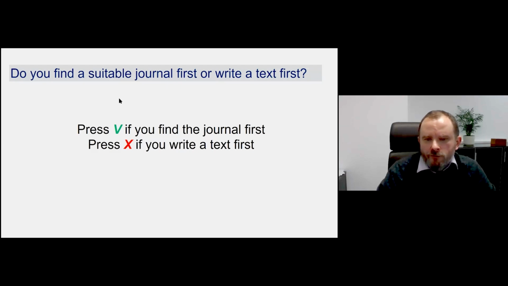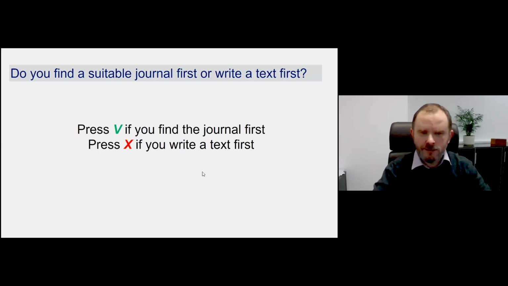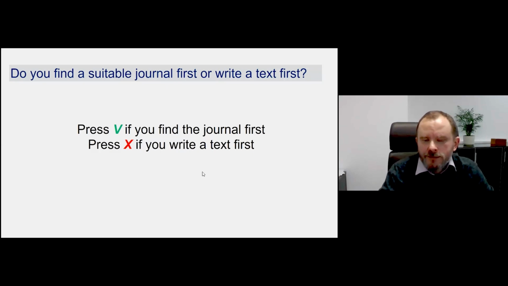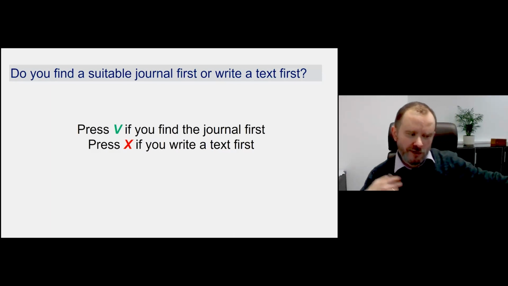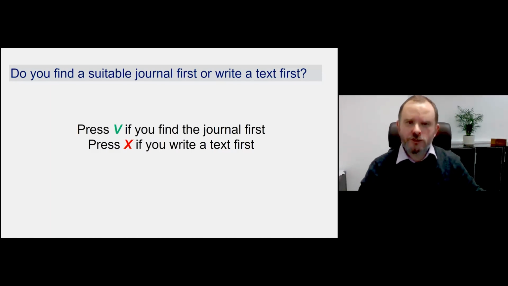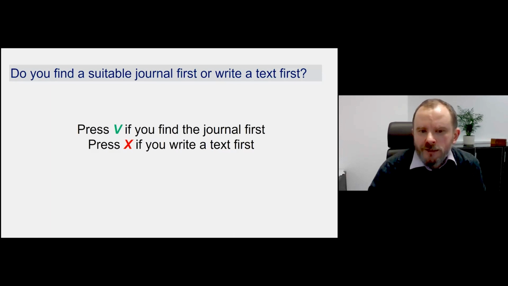In my opinion, also, I would vote for the second option. And this was once the reason why I decided to participate in this activity and to give this lecture, because in many other areas of science, there is a recommendation, I heard it many times in the Higher School of Economics: please choose the journal first. Because journals have specific requirements, you should structure your paper in accordance with journal requirements and so on.